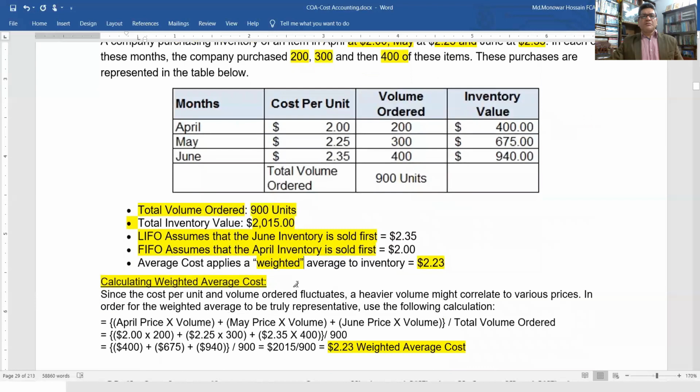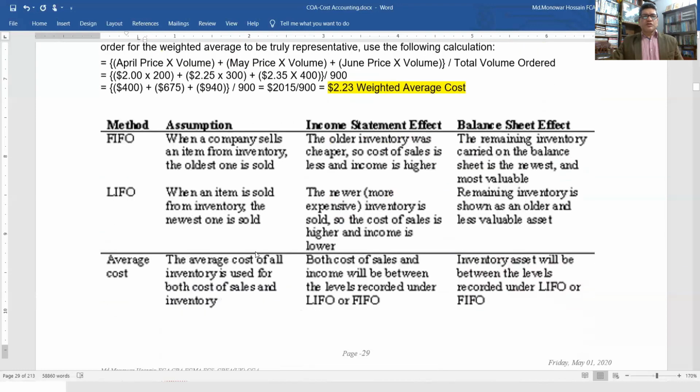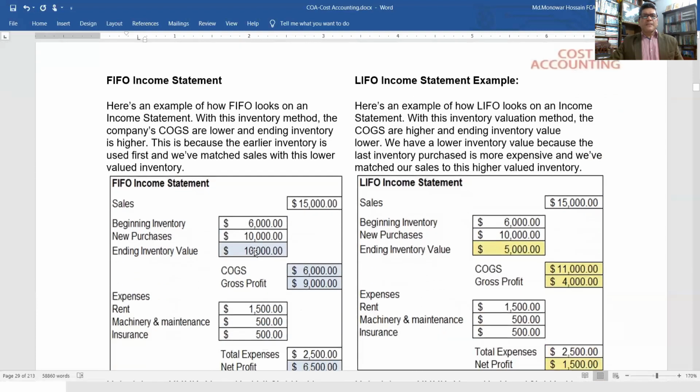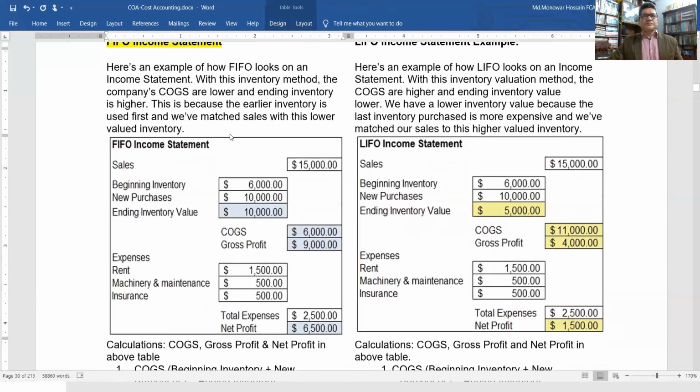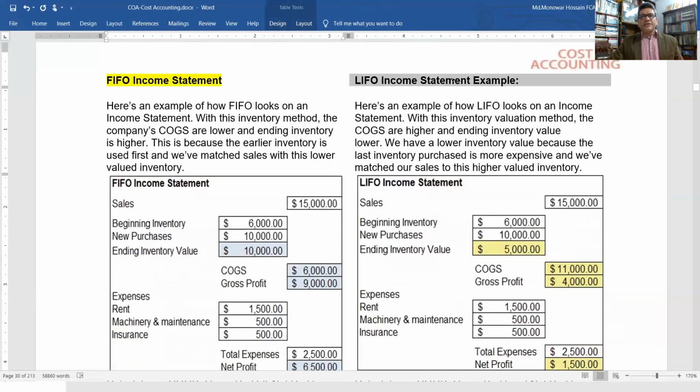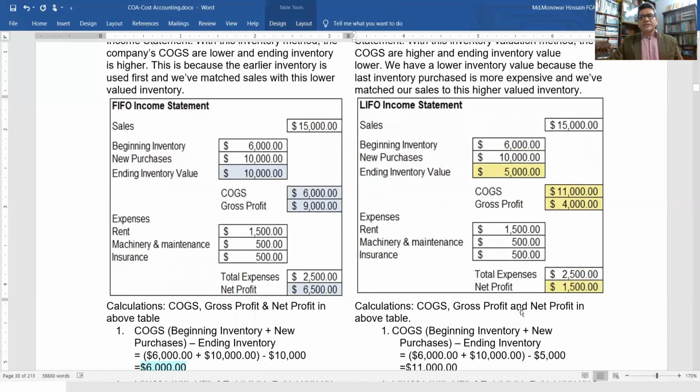In my next module, I will do some examples in math for costing. Here, look at the FIFO income statement: sales, beginning inventory, net purchases, ending inventory. Here we get a net profit of 600. But in the LIFO income statement, the net profit is less.